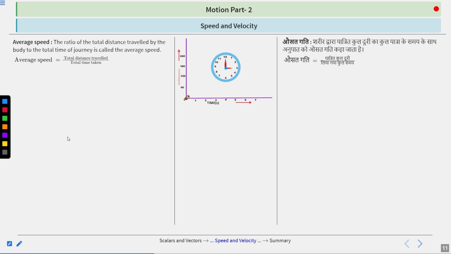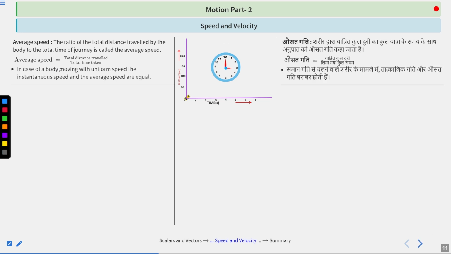For example, if a body covered 100 meters in 10 seconds, then 10 meters per second is the average speed, because total distance covered is 100 meters, total time taken is 10 seconds, 100 by 10 gives 10 meters per second. In the case of a body moving with uniform speed, the instantaneous speed and the average speed are equal.